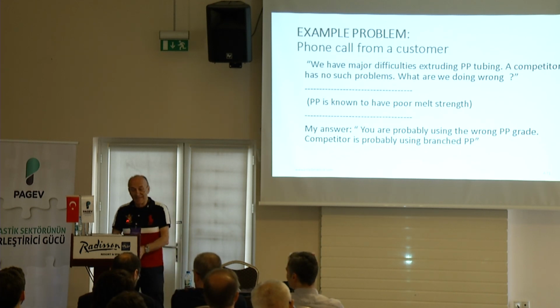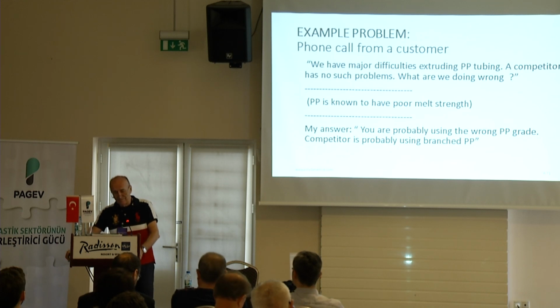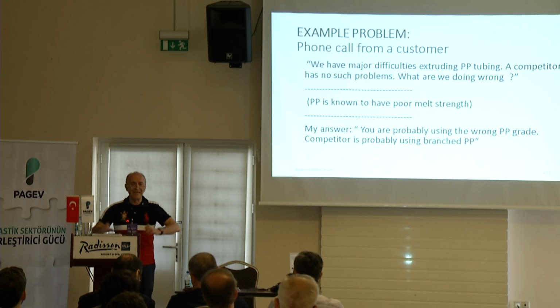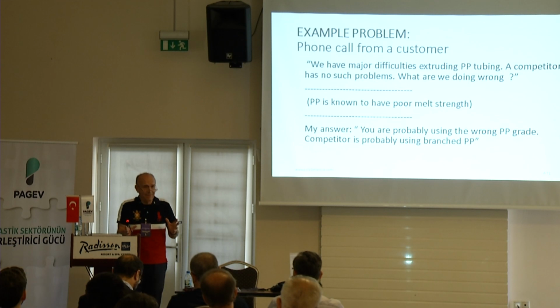Well, I said, these guys that have produced good pipe probably have branched polypropylene. Branched materials have high melt strength. That was a guess.